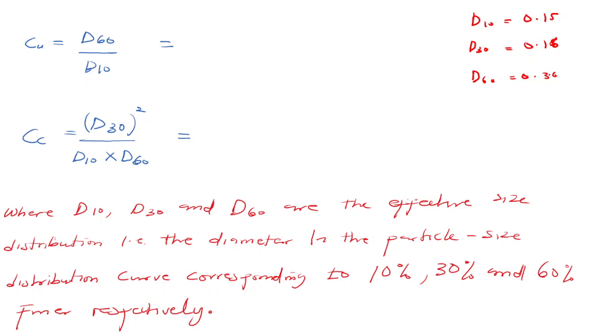So if we insert it into this formula, that will be 0.30 over 0.15. What will that be? That will be 1.88 for Cu.